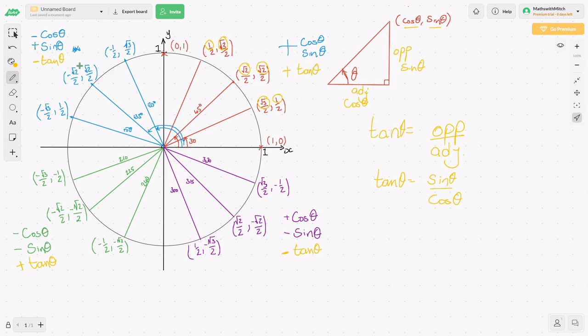So that's the unit circle. You've been able to visualize what cos theta and sine theta are in terms of the unit circle, and also what tan is. And from that you can use it to understand with some of the special triangles some coordinate points and determine whether cos, sine or tan are going to be positive or negative depending on which area, which quadrant of the unit circle you're operating in.